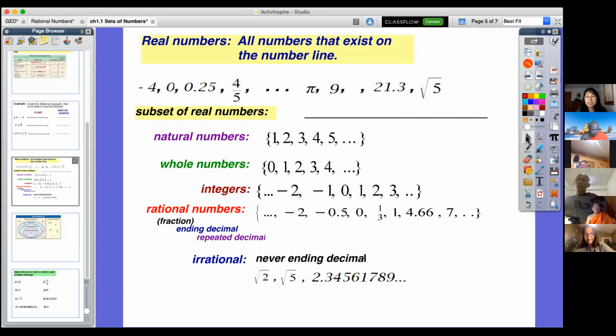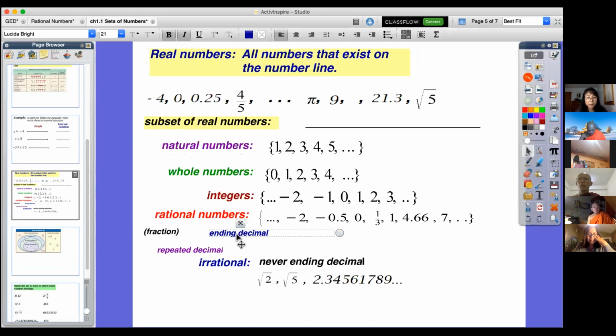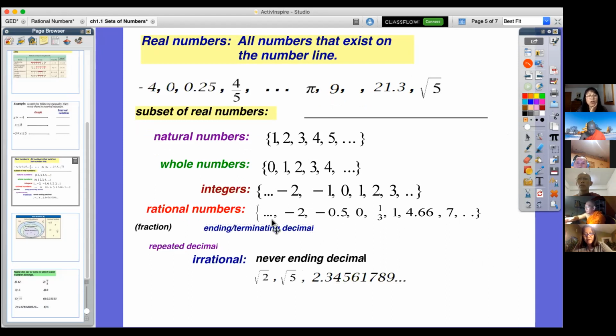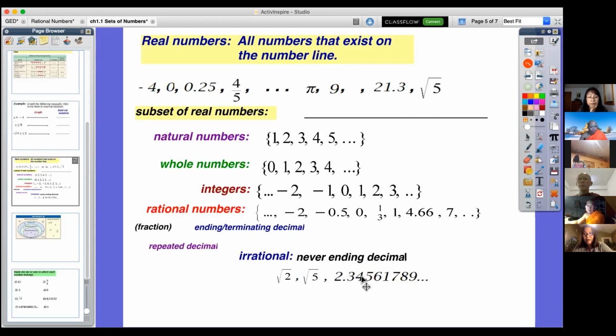Neither. So these are 3 things: a rational number is a fraction, an ending decimal, or a repeated decimal. Terminating and ending mean the same thing. But the irrational never ends. Pi is irrational because it goes on forever.